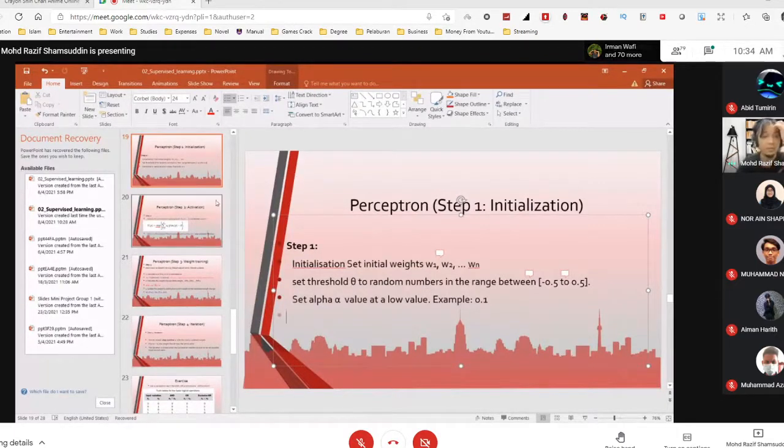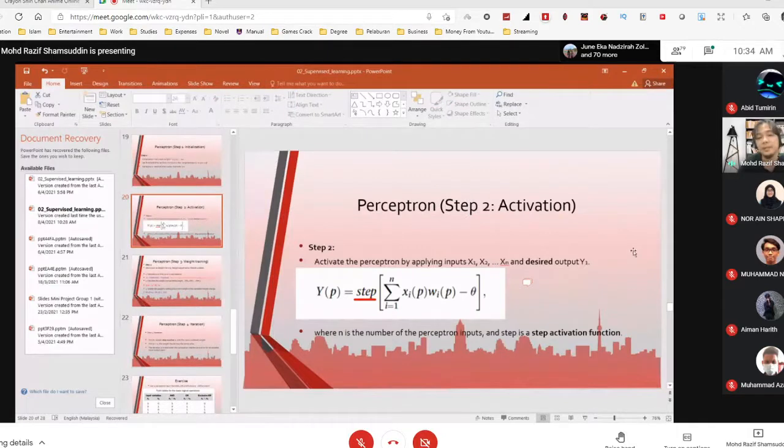Okay, let's have a look at the second step, which is activation. Activation is the process to produce the output. Okay, so the network needs to produce something. When you send the input with a value, your data, you send your data to the input neuron. So the network, sekejap, hold on a minute.